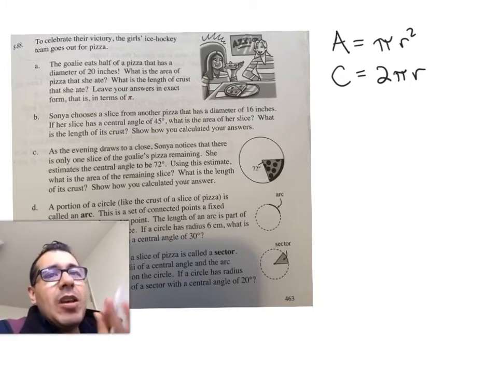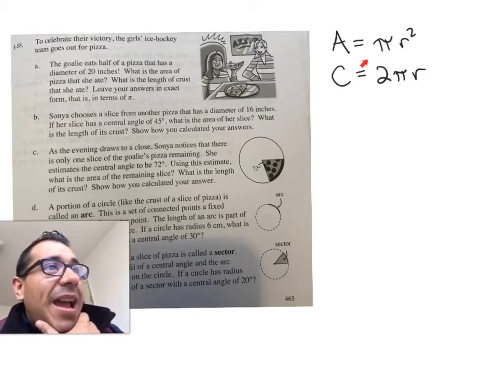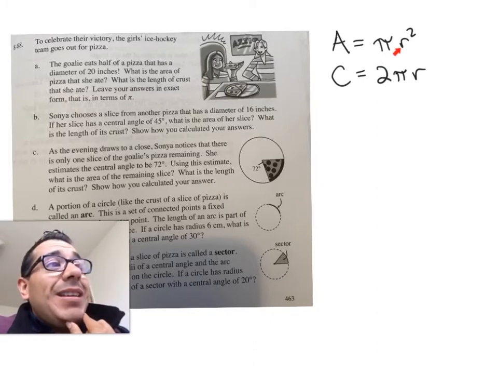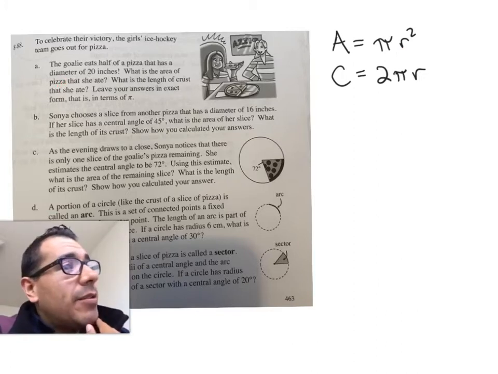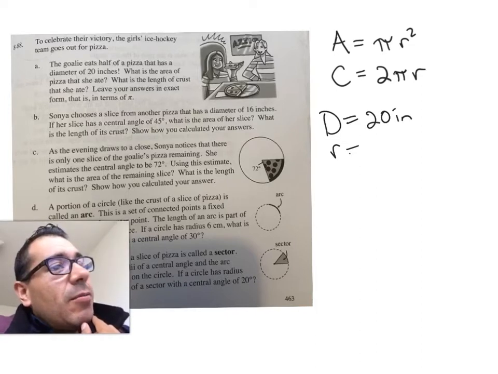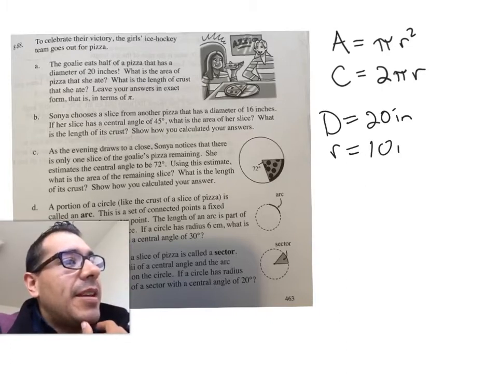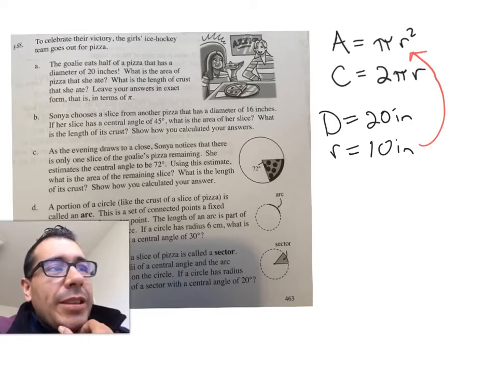All right. So first question, what is the area? Notice, I have the area formula right here for you. So what this formula says is we need the radius, but they give us the diameter. So let's write that down. Our diameter is 20 inches. So that means the radius is, boom, half of that. Good, 10 inches. So let's go ahead and plug that in right there.